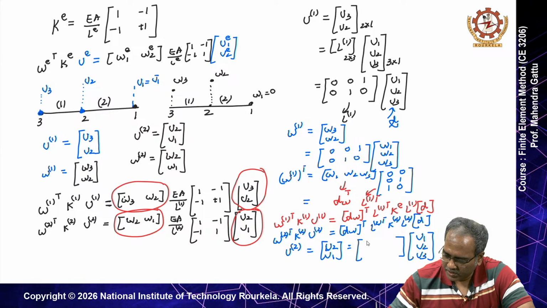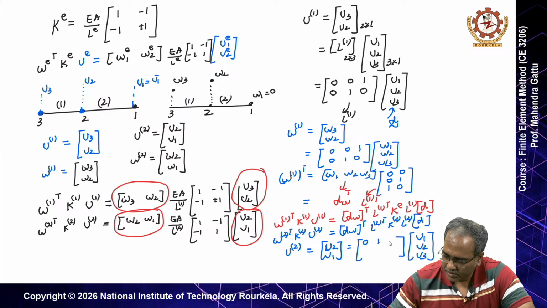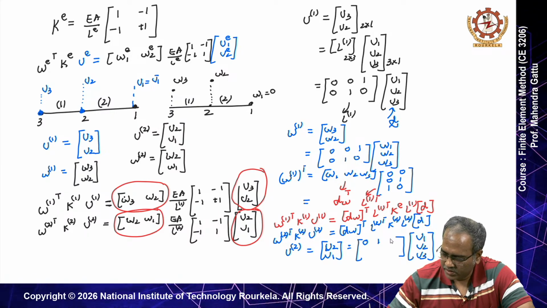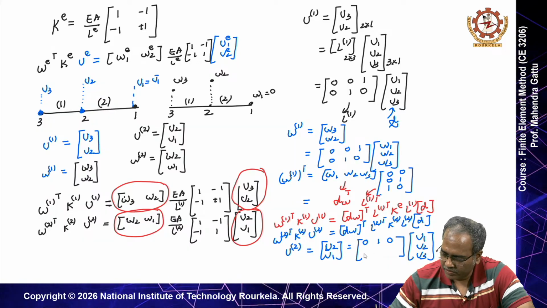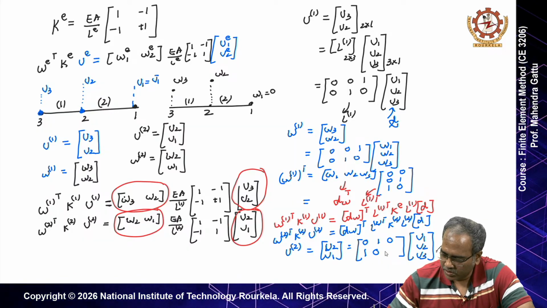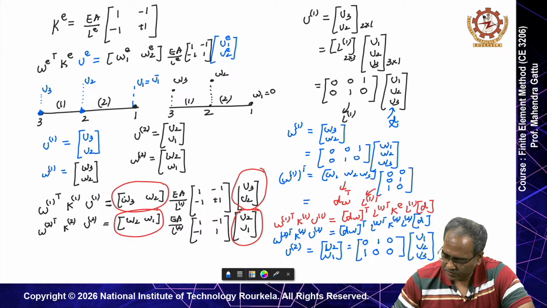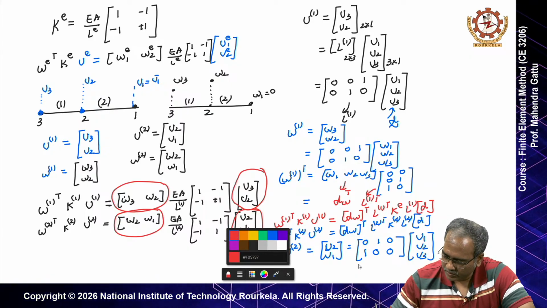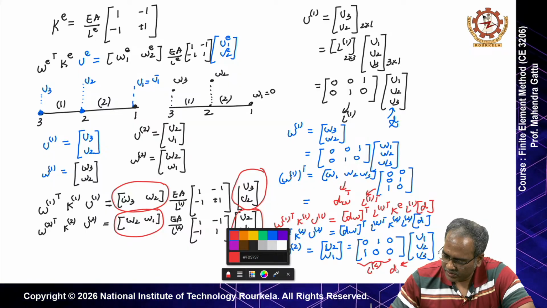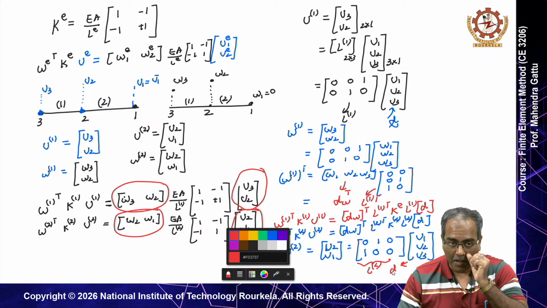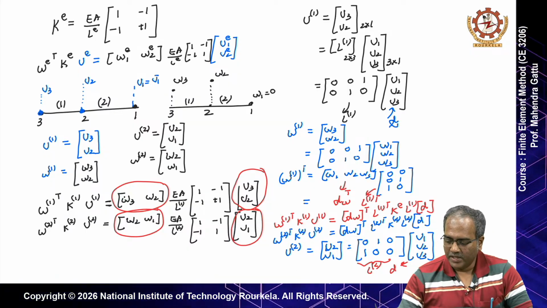So, the coefficient of u1 is 0, the coefficient of u2 is 1, the coefficient of u3 is 0, and in the next row the coefficient of u1 is 1, u2 is 0, u3 is 0. So, this will be our L2, and this is our global displacement vector D. Okay. Is this part clear?